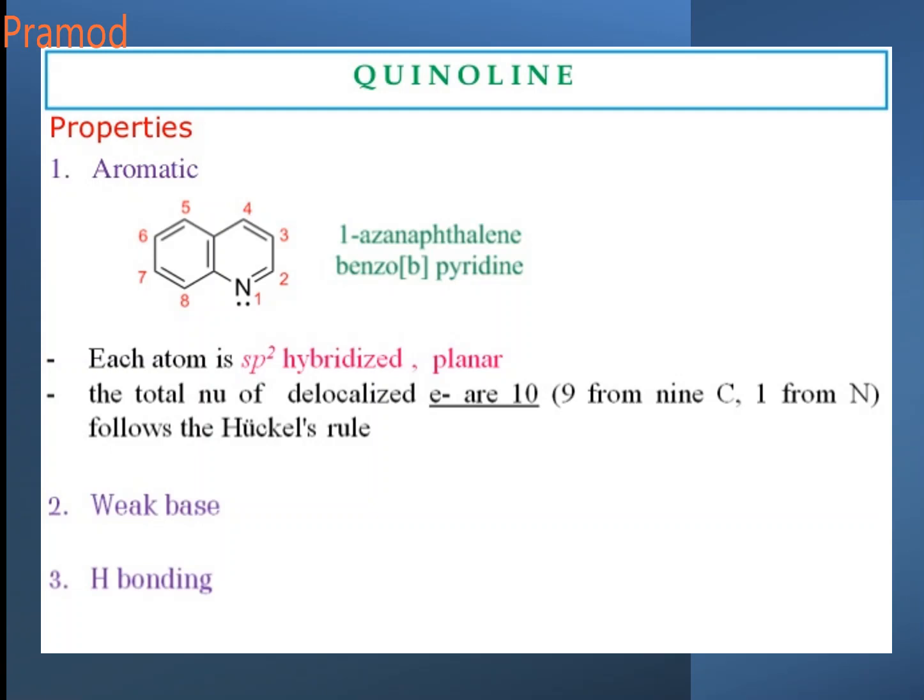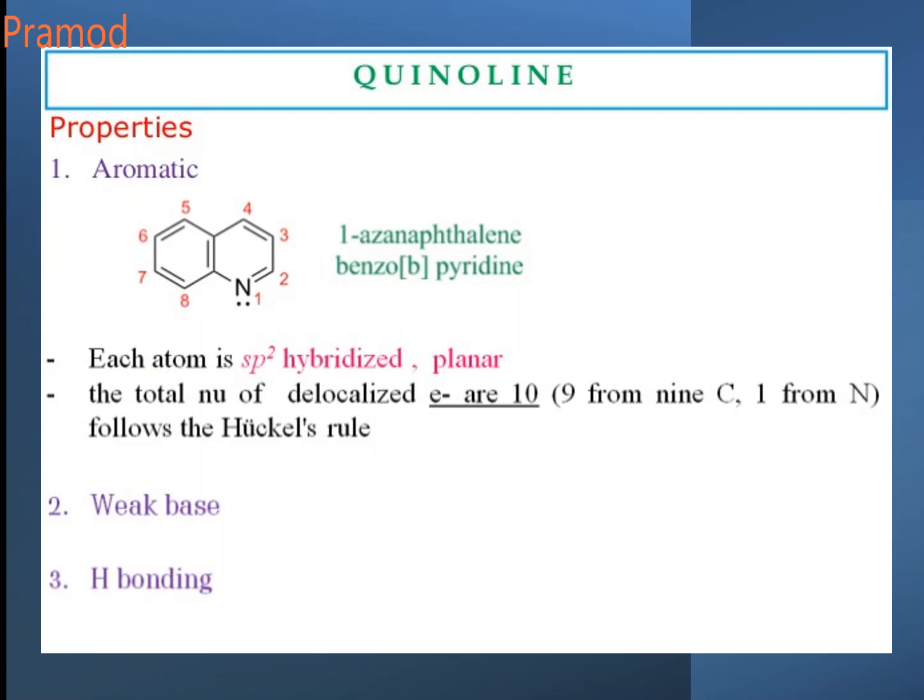It is called by two names. One is 1-azanaphthalene because there is a nitrogen substitution at the first position of naphthalene. And benzopyridine because the benzene is attached to the B face of pyridine.